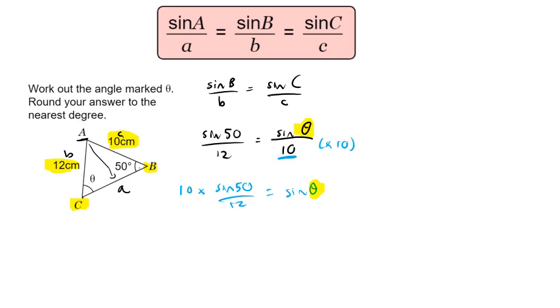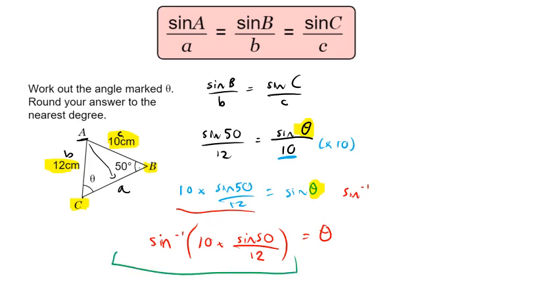So we do the inverse of sine, which is written as sine minus 1, like that. So then we do on our left hand side inverse sine, and then big bracket, and then all of this bit here, 10 times sine 50 over 12 equals theta. I need to then put all of this into my calculator.